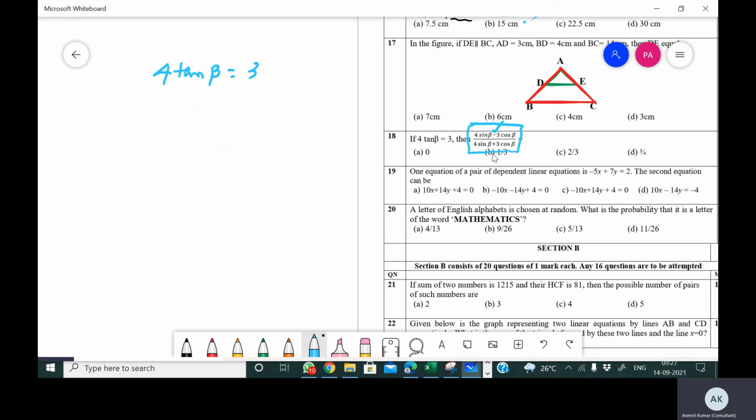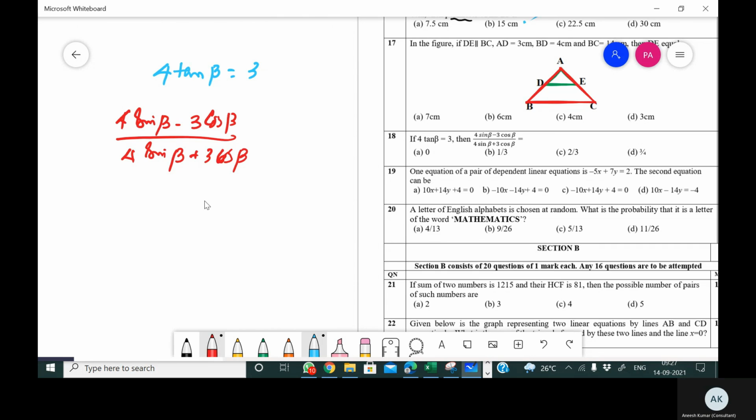You can see minus and plus. The rest all are same. In such type of questions, we can do very easily like this. We have to find 4 sine beta minus 3 cos beta by 4 sine beta plus 3 cos beta.